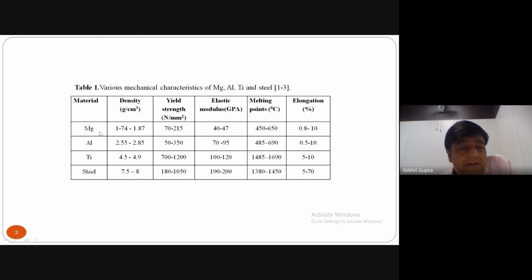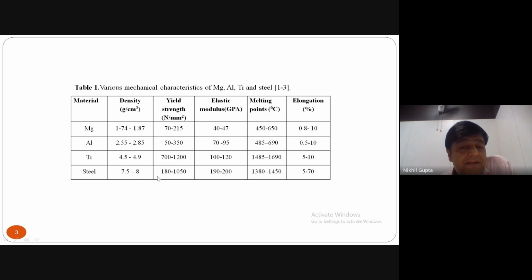In density, magnesium is very low, 1.74 to 1.87 gram per centimeter cube, sir. In aluminium, it is 2.55 to 2.85, and in titanium, it is higher, 4.5 to 4.9. In steel, it is very, very high, 7.5 to 8.